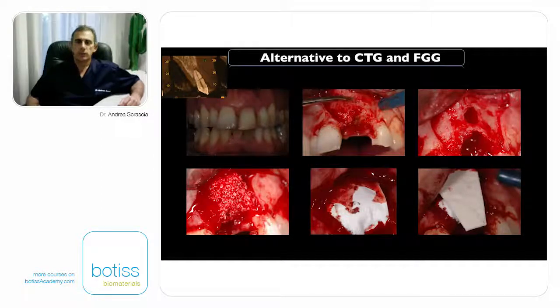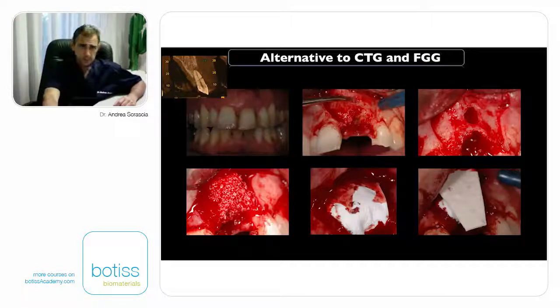After removing the tooth and infection, I executed a regenerative technique, and in order to increase the volume of tissue and contrast an eventual contraction of the tissues, I immediately applied a membrane. In this case, the implant was delayed.